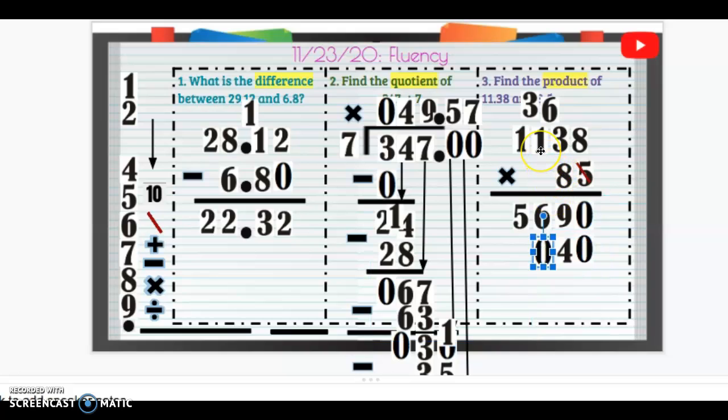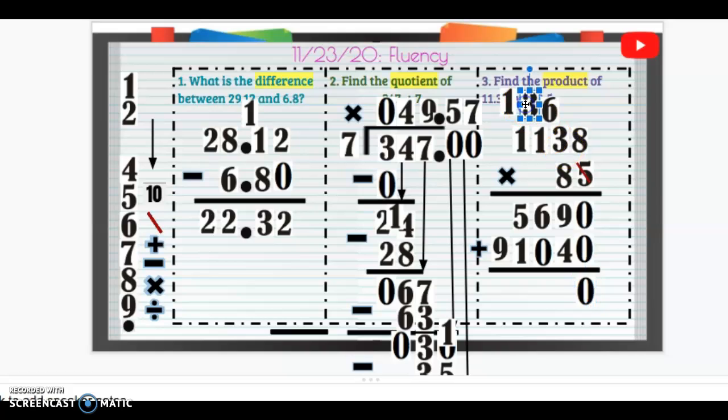Then you have 8 times 1 is 8, plus 3 is 11. So your 1, and bring up your other 1. 8 times 1 is 8, plus 1 is 9. And then you have to add your two products together. 0 plus 0 is 0. 9 plus 4 is 13.